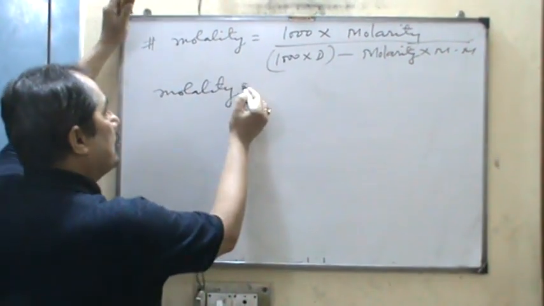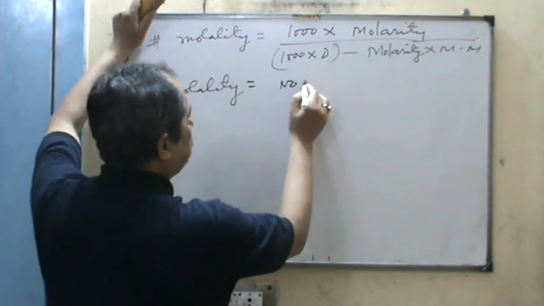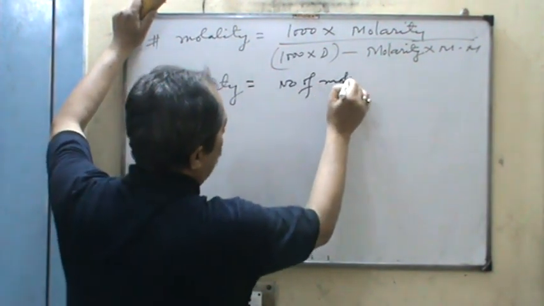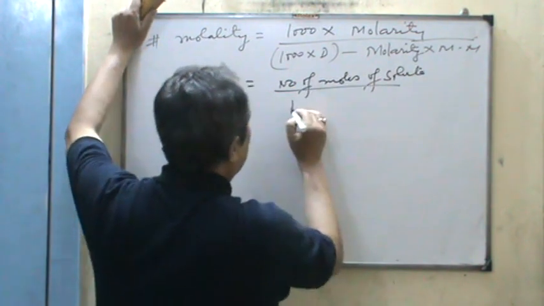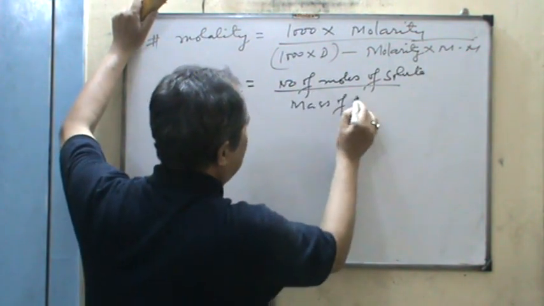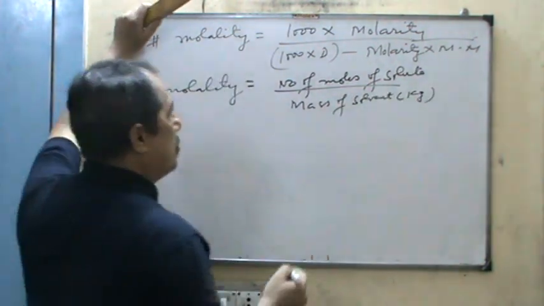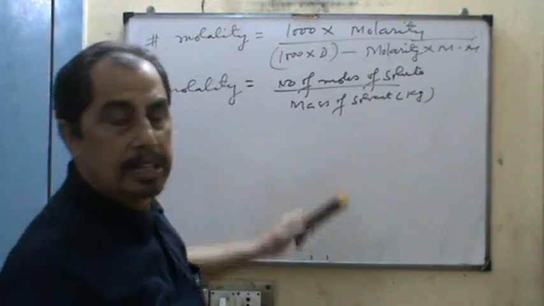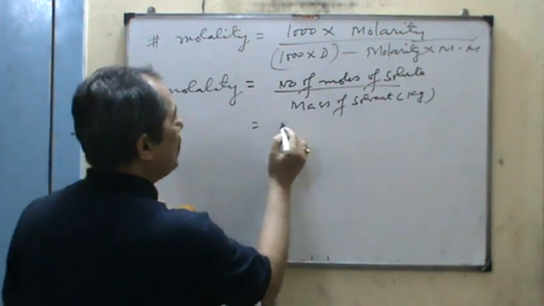So actually, what is molality? Molality is the number of moles of solute per mass of solvent in kg. So it is a mass relation, but molarity was a mass-volume relation. So what is the unit of molality?